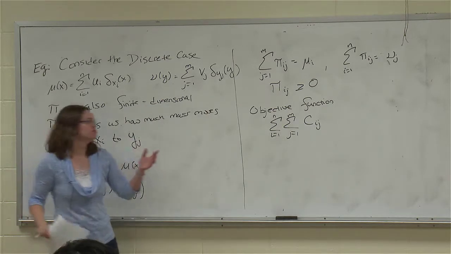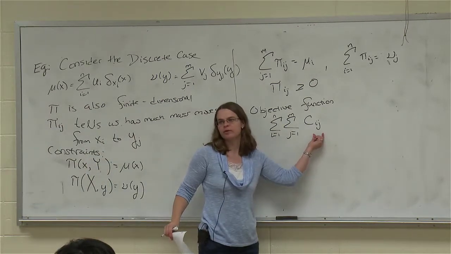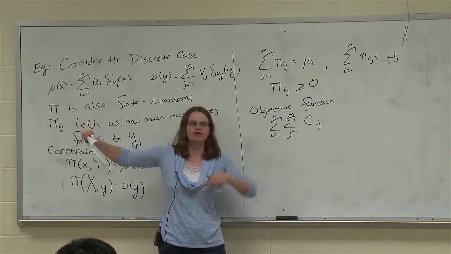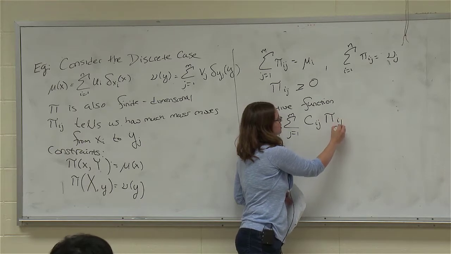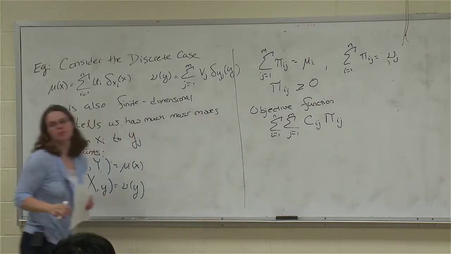This isn't an unknown. This is something we can compute because we're given where all the xi's are and where all the yj's are, times pi ij.